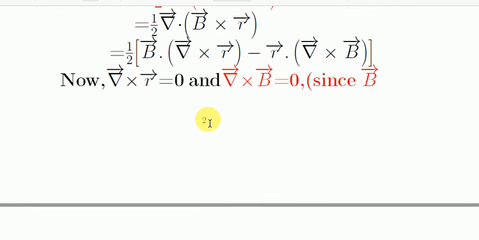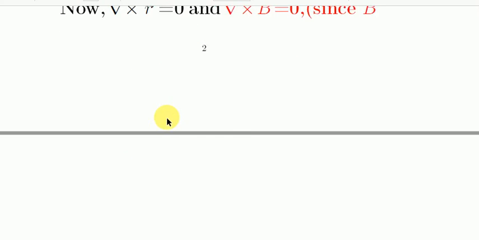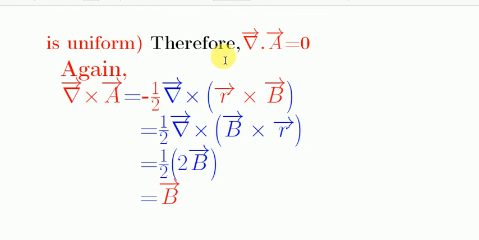So if we use these two values, that del cross R equal to 0 and del cross B equal to 0, in this expression, then we can easily get del dot A equal to 0. Therefore del dot A equal to 0, and again we have to calculate del cross A.